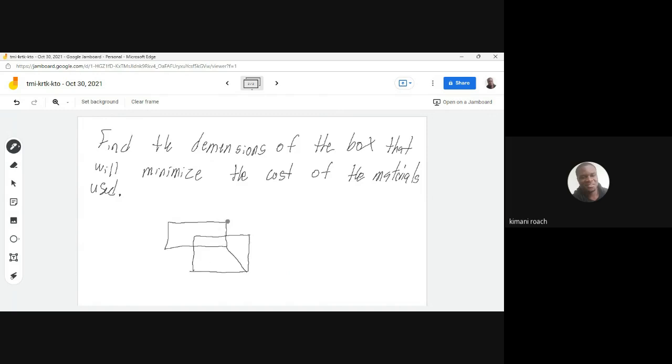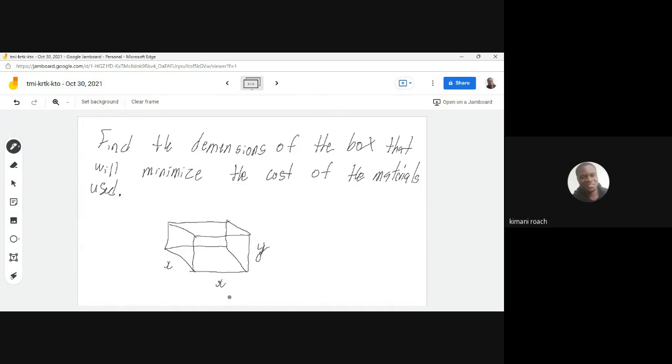Here is what a visual of my box will look like. And since it's a square base box, we know both the length and the width will have the same dimension. We're going to call that x. And the height is going to be y.